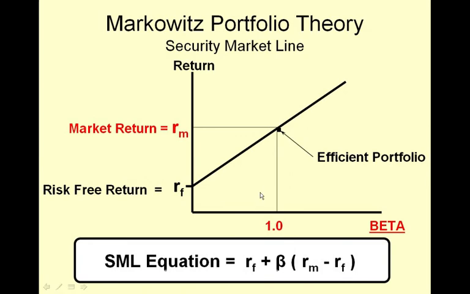The line connecting the risk-free rate to the rate of return and risk associated with the efficient portfolio is called the security market line, and it's given by the risk-free rate plus beta times the market risk premium. Recall, the market risk premium is the difference between the rate of return earned by an investment in a diversified portfolio of stock and the return that is paid by Treasury bills, or the risk-free rate.